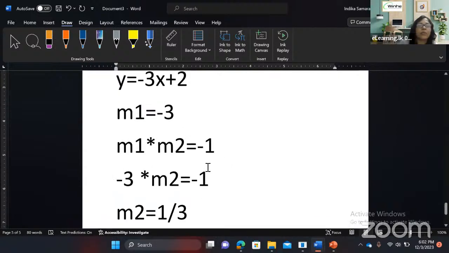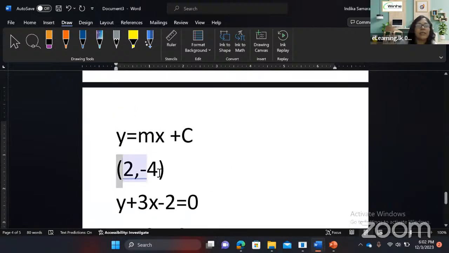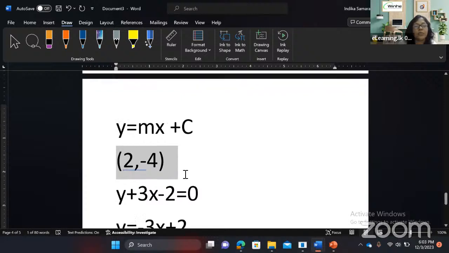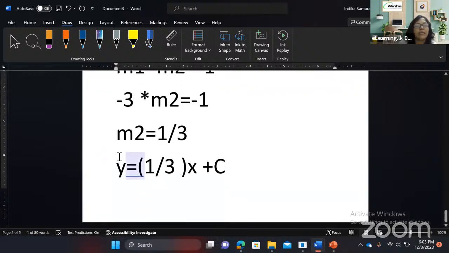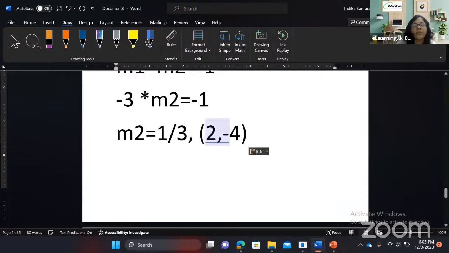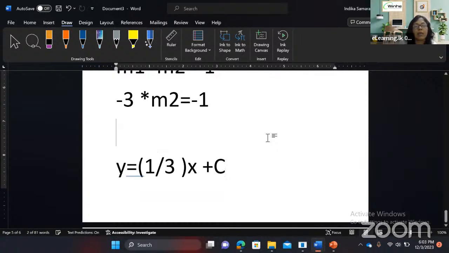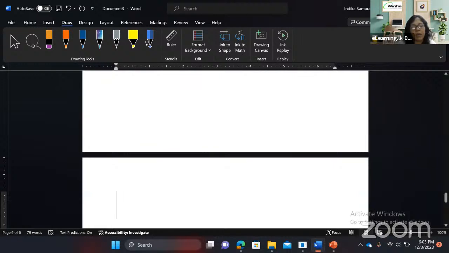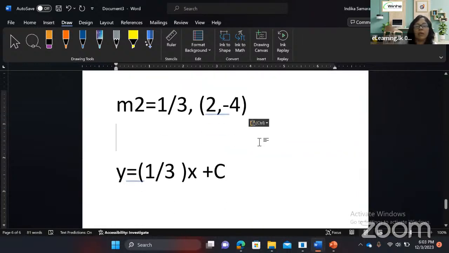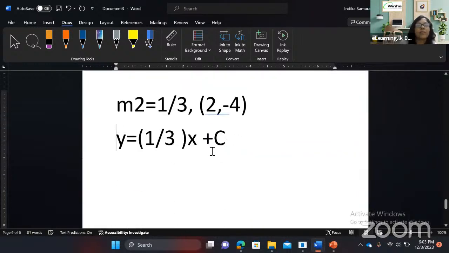Now it is given that this line is going through 2, minus 4. You know the gradient, and the line is going through this point. Now what can you do? You can substitute.